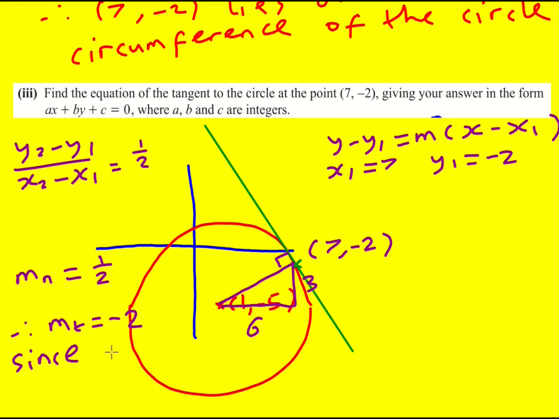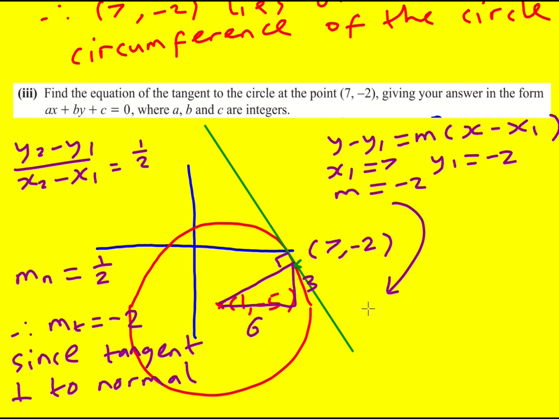Since the tangent is perpendicular to the normal, we also have m, it's −2. And so we can put that in. y − (−2) is equal to −2(x − 7).